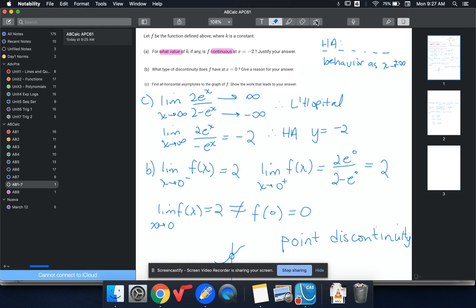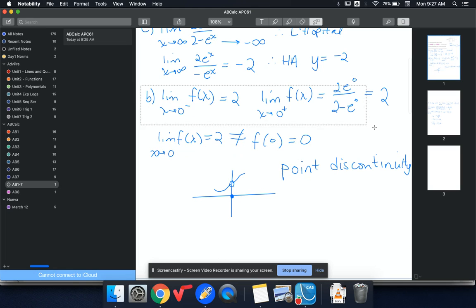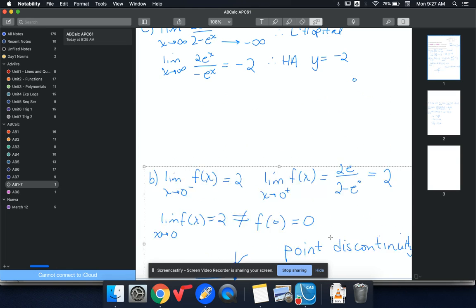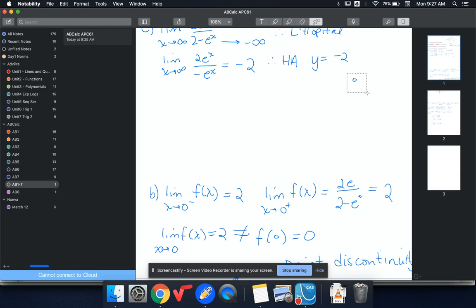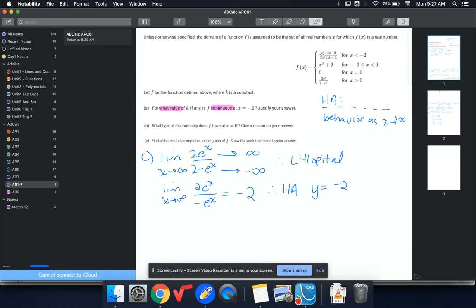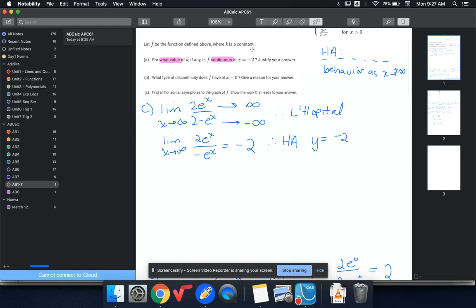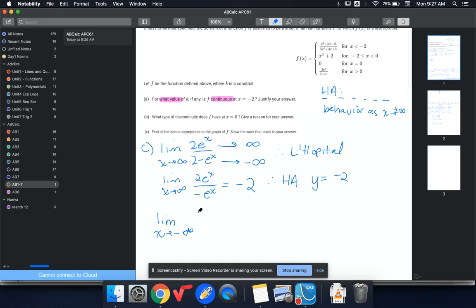Let's look at my behavior for x going to negative infinity. All right, so now x going to negative infinity, I'm looking at this function. So my limit as x goes to negative infinity of x squared plus kx minus 2 over 3x squared plus 4x plus 3.